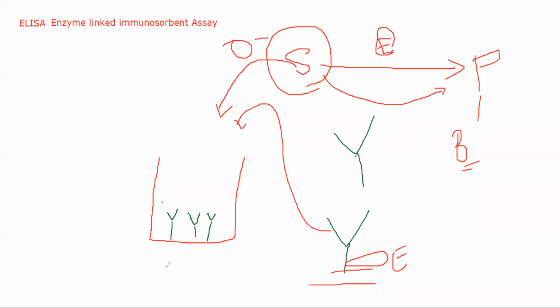I know that the patient has some particular type of disease. To find out the concentration of antigen, I will pour a little bit of blood or serum into this microtiter well, and what will happen is specific type of antigens will come and attach here.